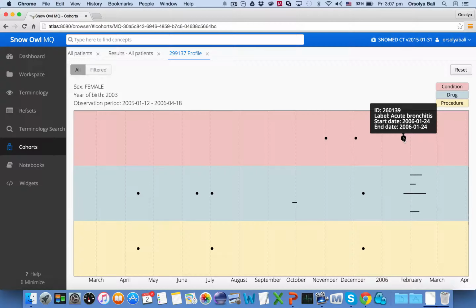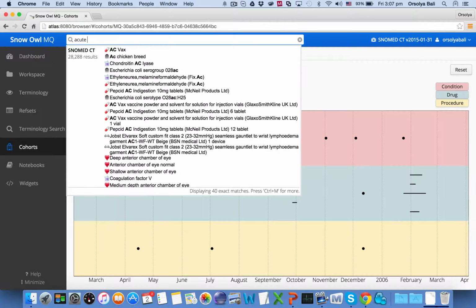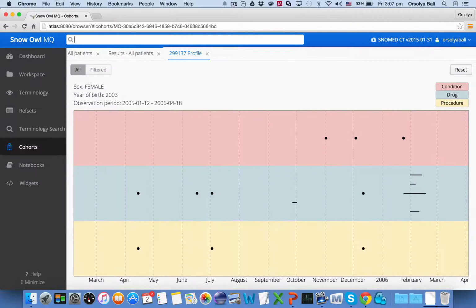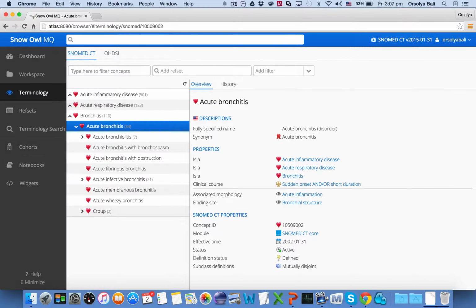So if we look up this acute bronchitis that is on the patient record, and look at this clinical concept in SNOMED CT. So this is now already the terminology browser view for SNOMED CT. On the left hand side we have a hierarchical structure that displays these parent-child relationships between diseases and their more specific, more detailed forms.